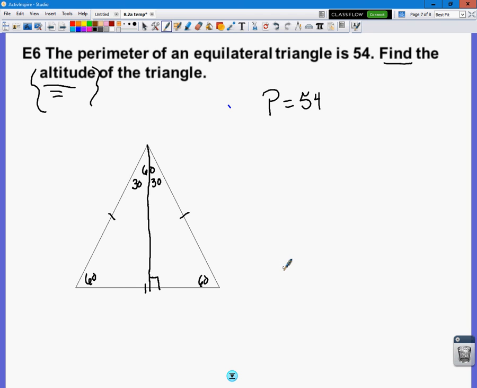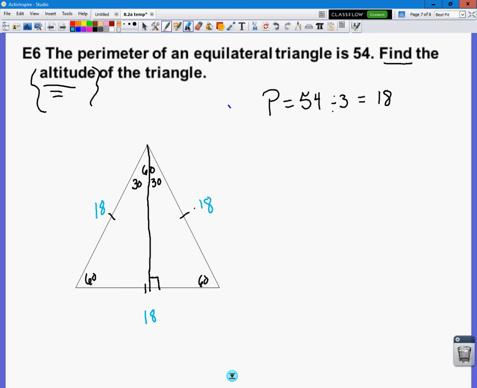If the perimeter of an equilateral triangle is 54, how can I find out the measurement of each side? Divided by 3. 54 divided by 3, 18. So I'm going to put that 18 in this triangle.